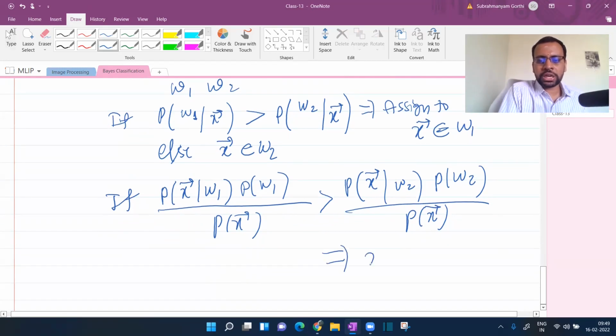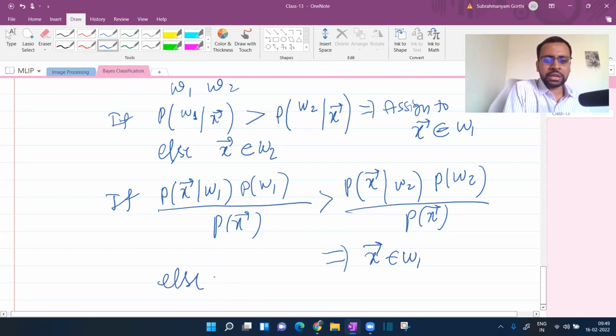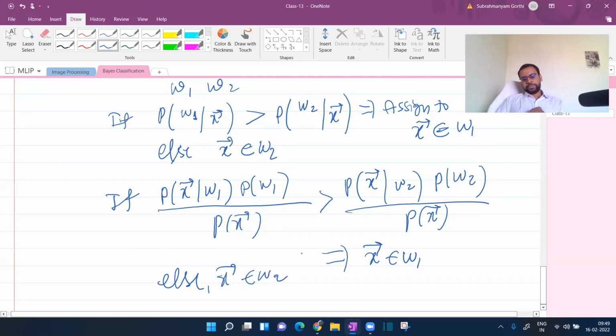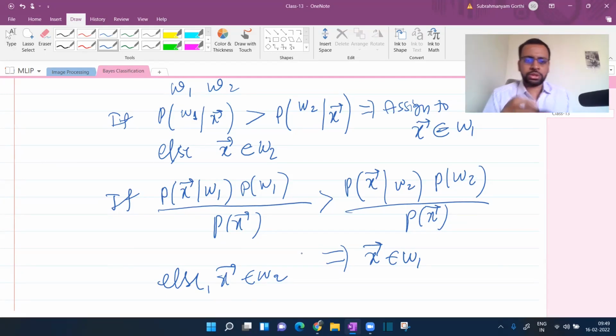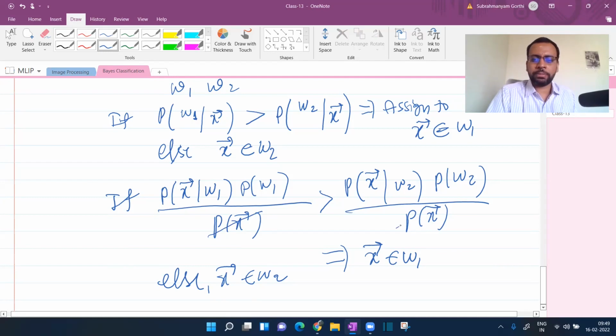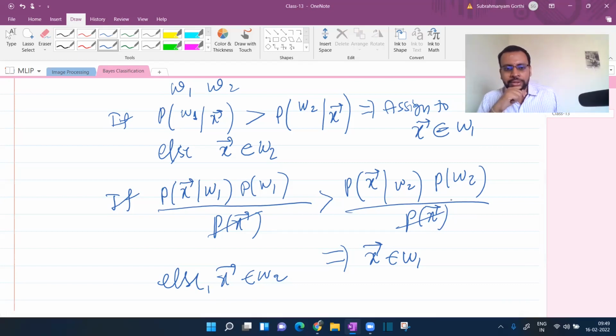Then you would say x bar belongs to omega 1, and else I would say x bar would belong to omega 2, isn't it? Now, anyway, probability of x bar is common in both, so I would just drop it out. This is a multiplication factor that just scales both with the same value.